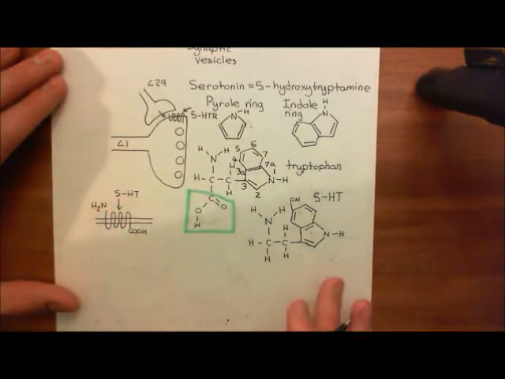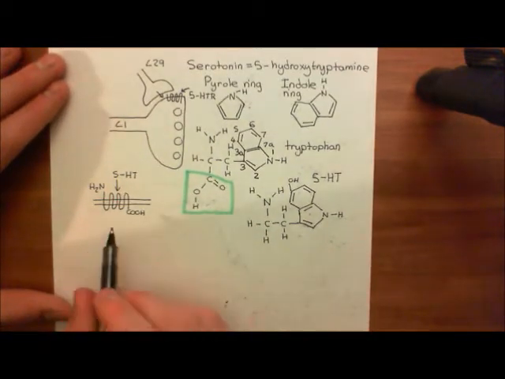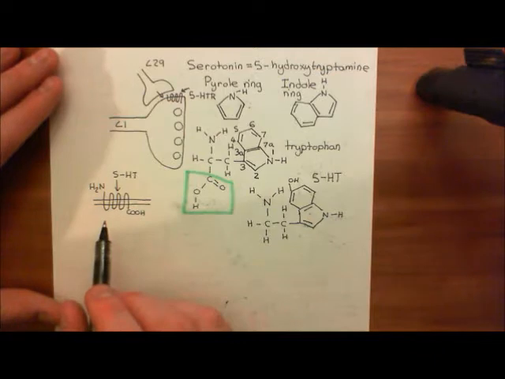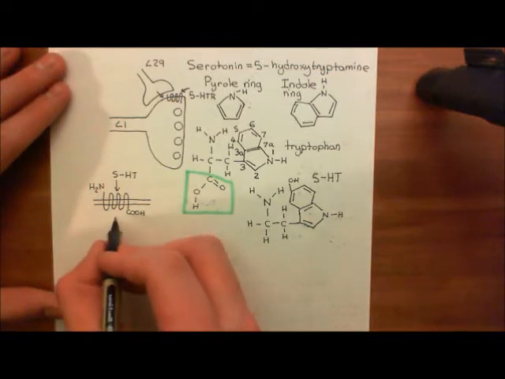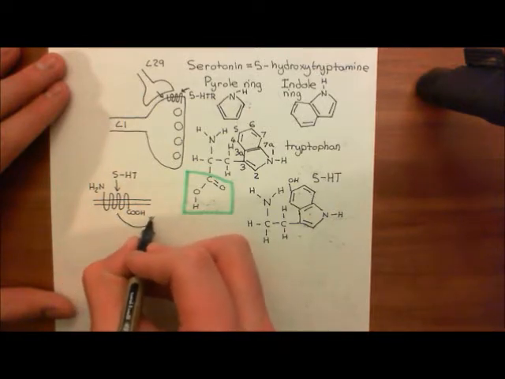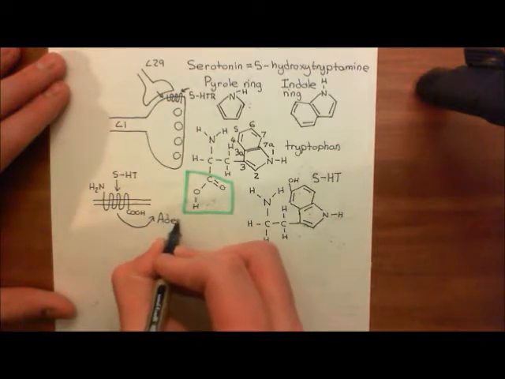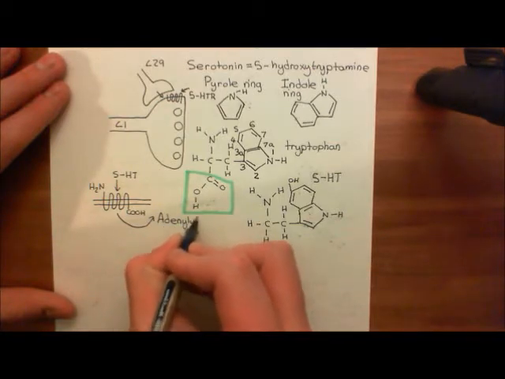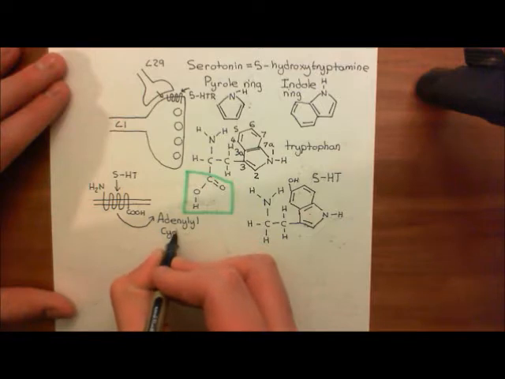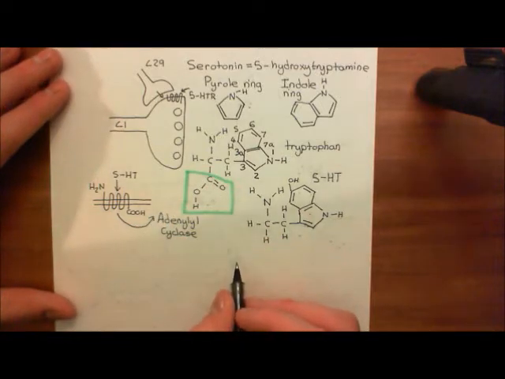Okay, the G protein coupled receptor will then be coupled to a heterotrimeric G protein, and that heterotrimeric G protein, when activated, will lead to the activation of an adenylyl cyclase enzyme. Okay, so I'll just draw this like so. So it's going to activate an adenylyl cyclase enzyme, which will be in the membrane of the L1 sensory neuron.